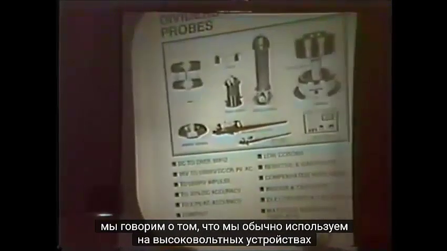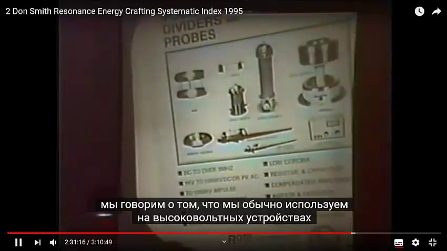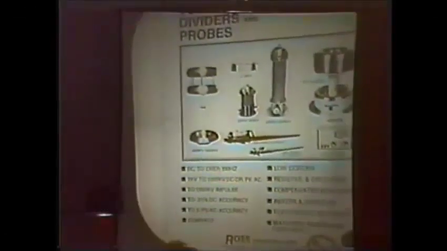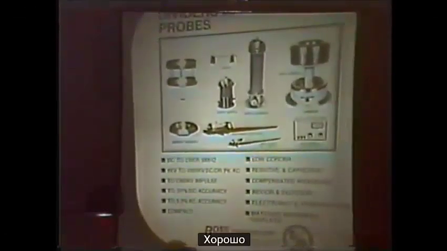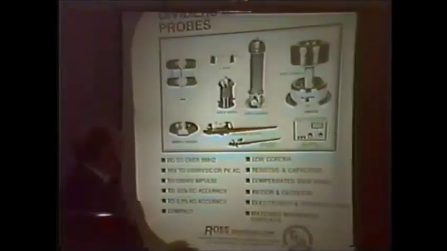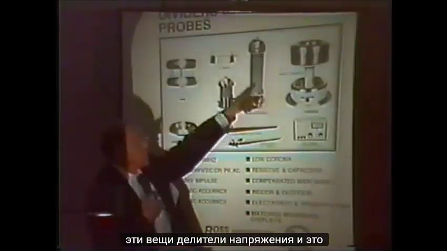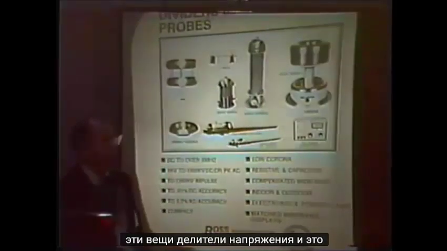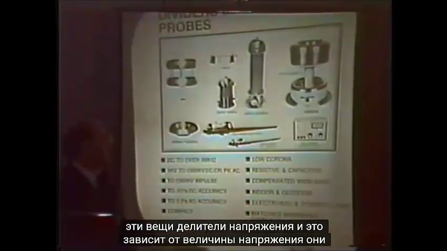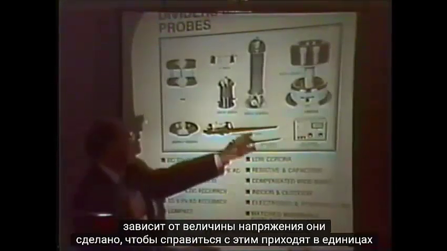Okay, some of the test equipment that we're talking about that you normally use on high voltage devices. These things are voltage dividers, and it depends on the amount of voltage they're made to handle.